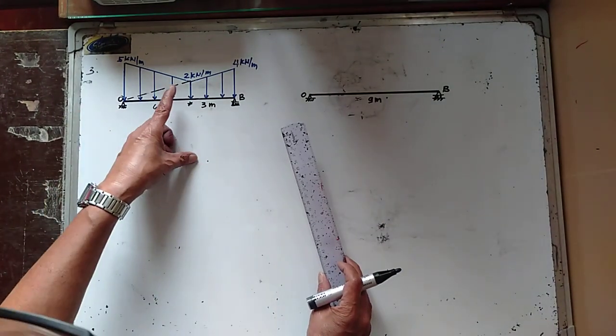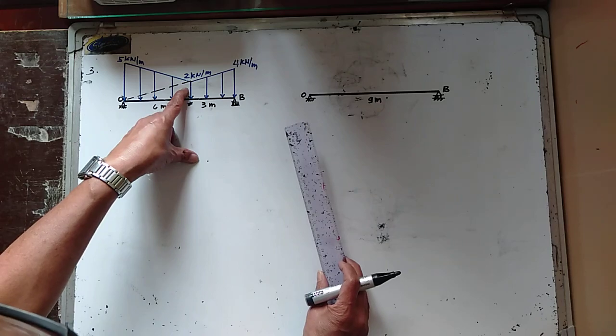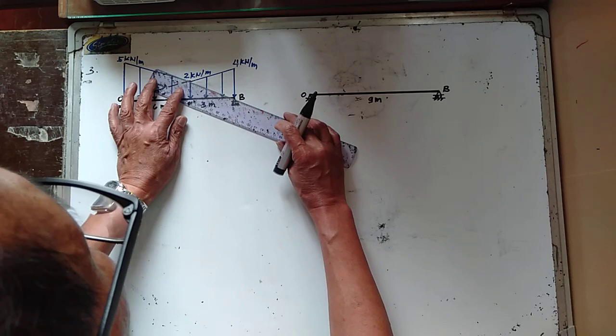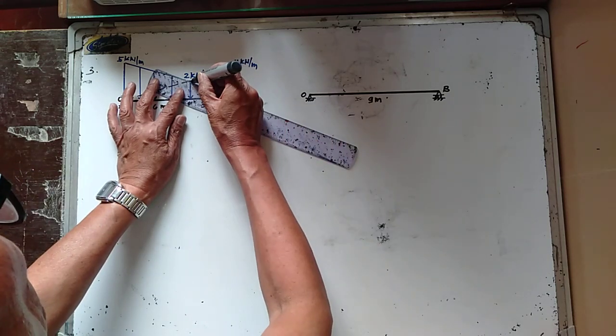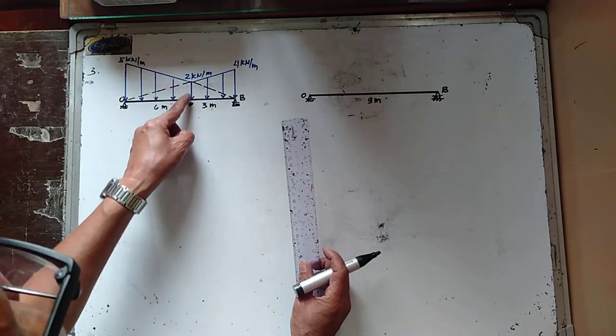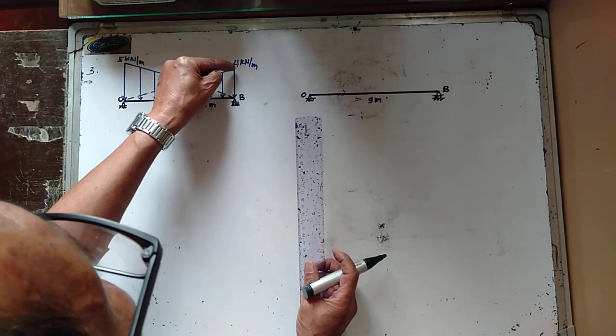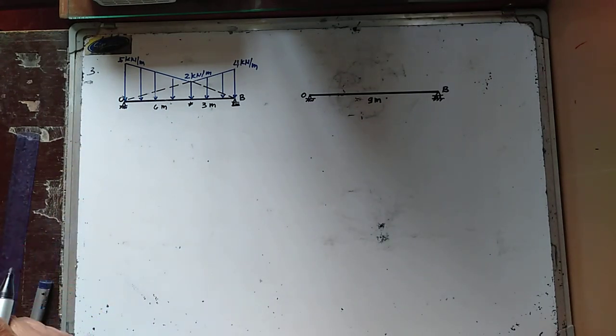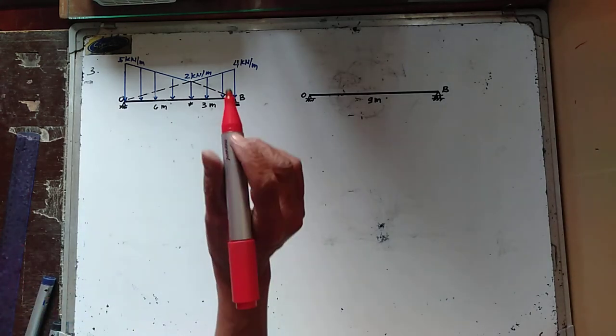Also, the loading from intensity 2 kilonewton per meter to 4 kilonewton per meter. So this is now another triangle, and this one is another triangle. Now, let us try to determine now the equivalent resultant force of this distributed loading.